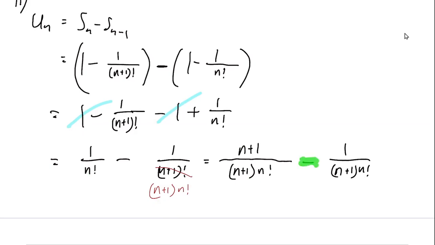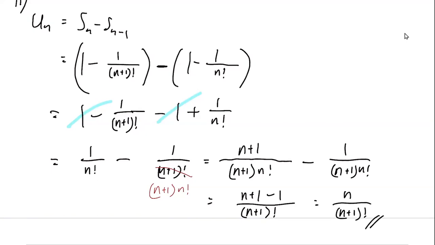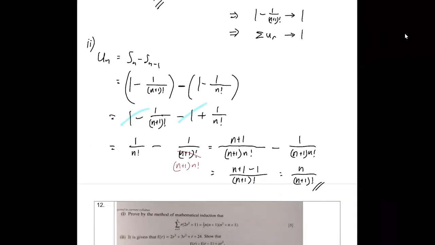When you subtract fractions, you want the denominators to be the same, and these two are already the same. So you get (n plus 1 minus 1) over (n plus 1) times n factorial, which is actually just (n plus 1) factorial. 1 minus 1 cancel off, so you're left with n over (n plus 1) factorial. That could work as well. Let me just present it nicely.